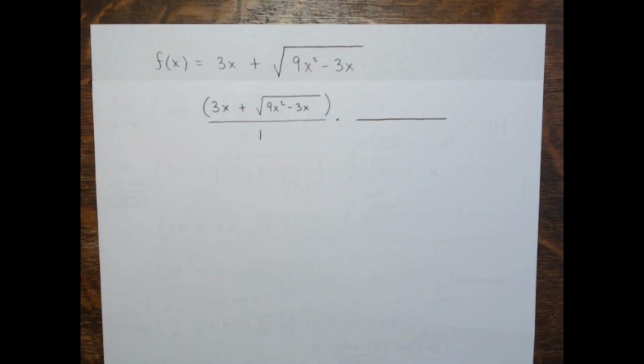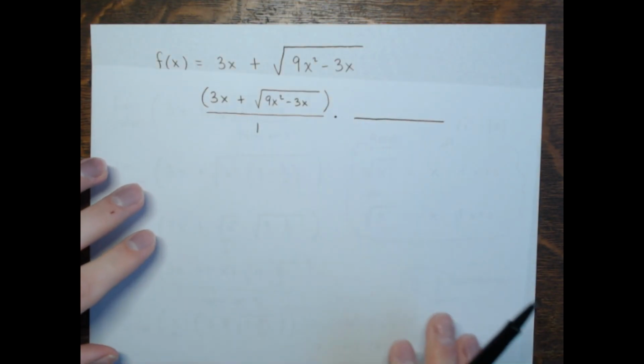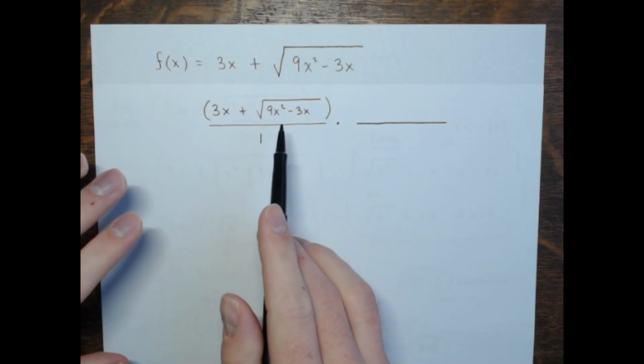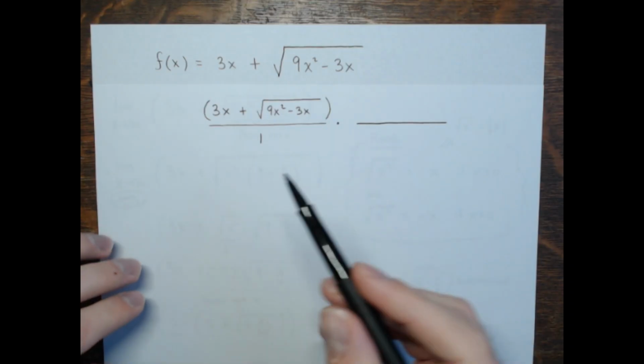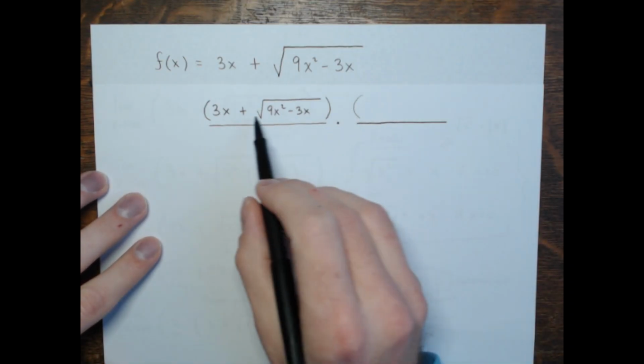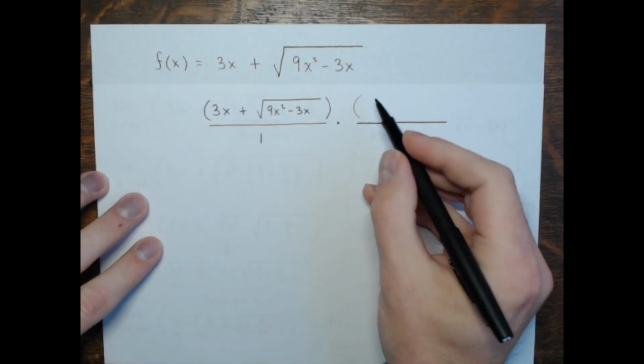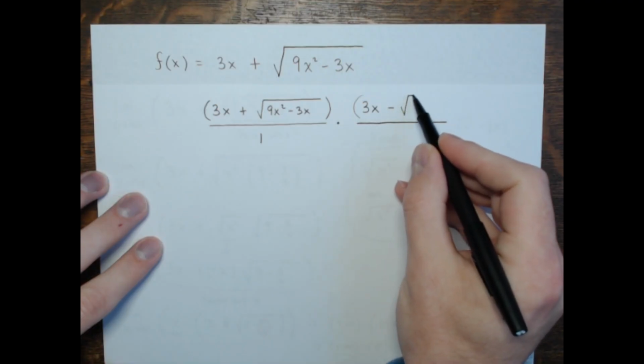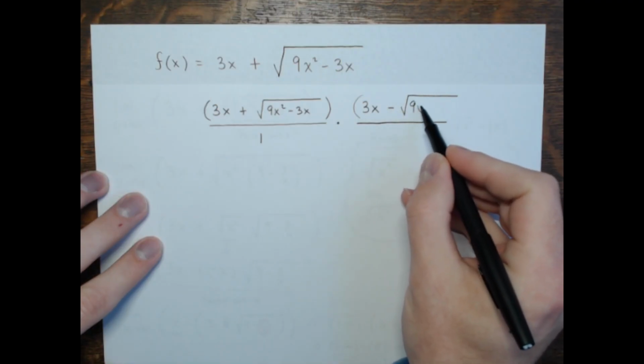Now I know I said the limit was a half. We saw the limit looks like it's a half from the graph and from the table. But remember what we did when we tried to retool an expression involving a root when we had an indeterminate limit before? Multiply by its conjugate. So the conjugate of this would be 3x minus the square root of 9x squared minus 3x.